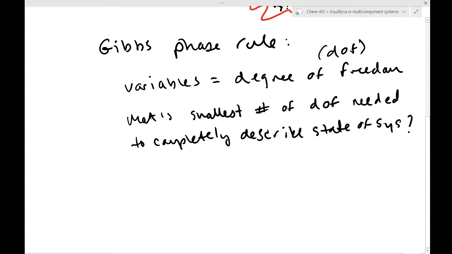This is what the Gibbs phase rule is setting out to answer: the smallest number of pieces of information about the system to completely describe the system in its entirety.